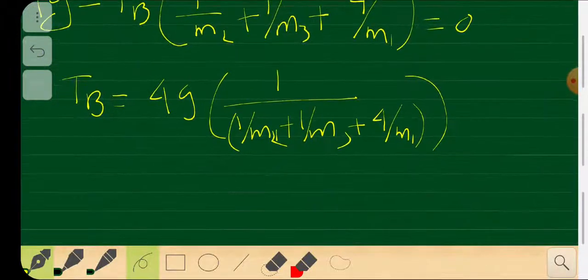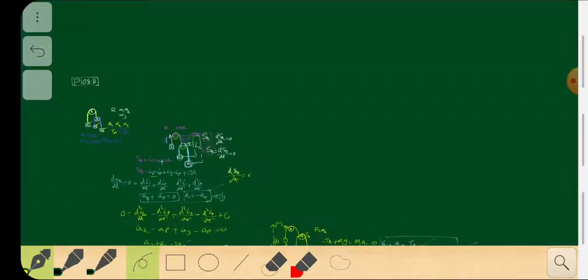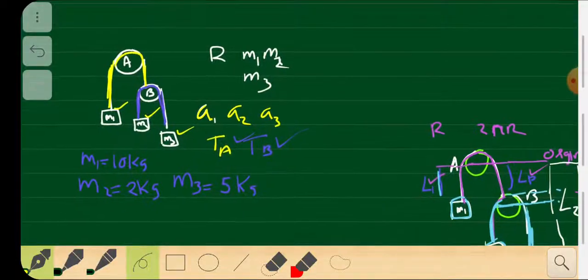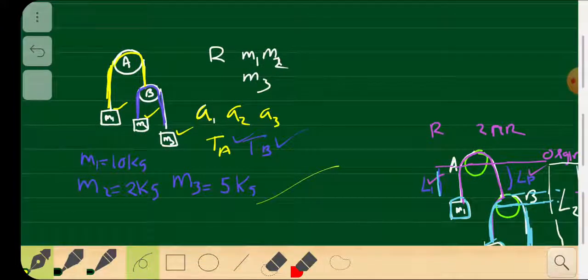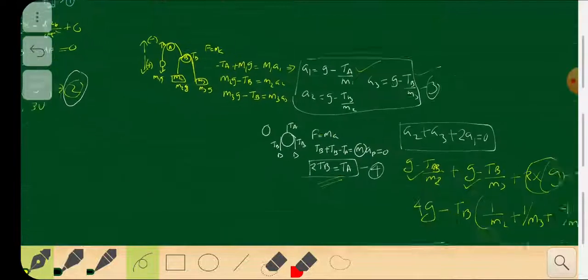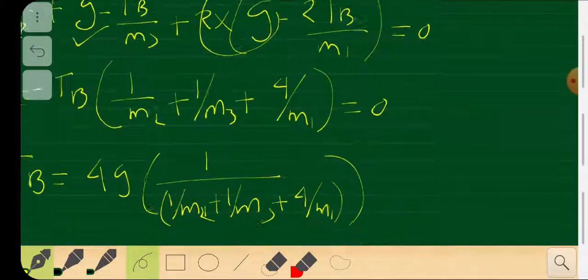I know m1, m2 and m3, right? I know for a fact that m1 is equal to 10 kilogram, right? m2 is equal to 2 kilogram and m3 is equal to 5 kilogram. I'm going to substitute that and find out TB.